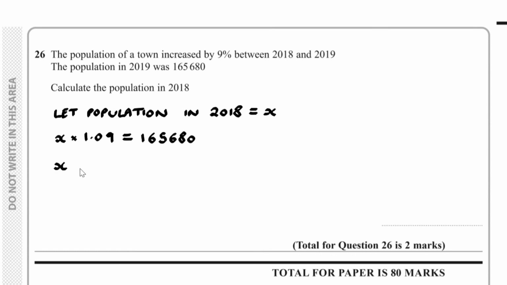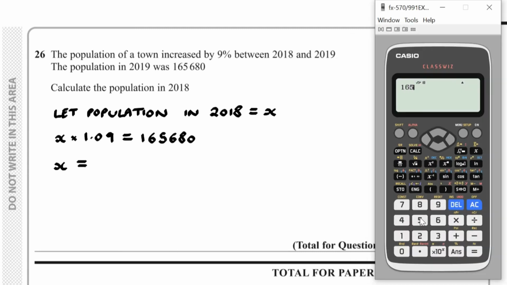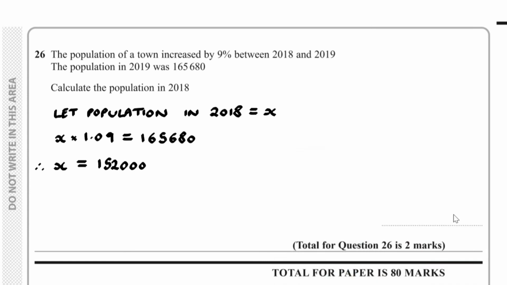So, if we calculate what x is, we would have to do the calculation 165,680 divided by 1.09. So we get x equals 152,000. So the population is 152,000 in 2018.